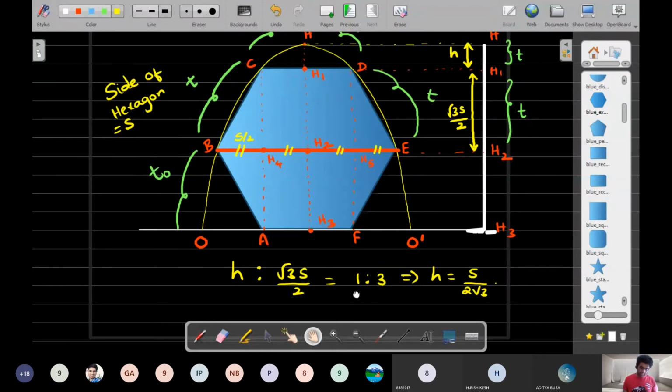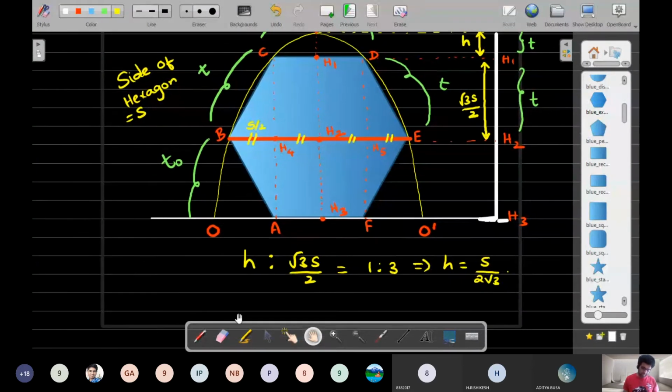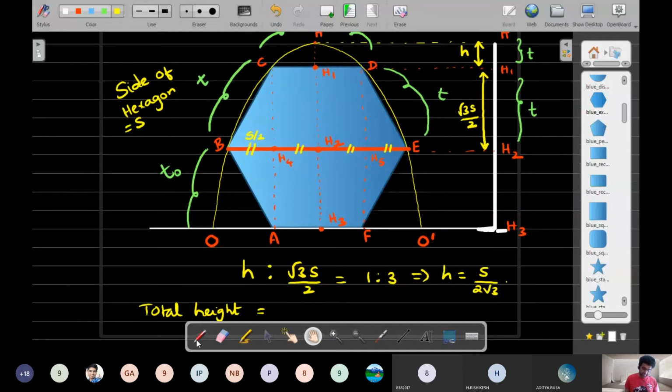Right. So what is the total height therefore? Value of total height should be equal to the value of HH1 plus H1H2 plus H2H3. Okay, right.